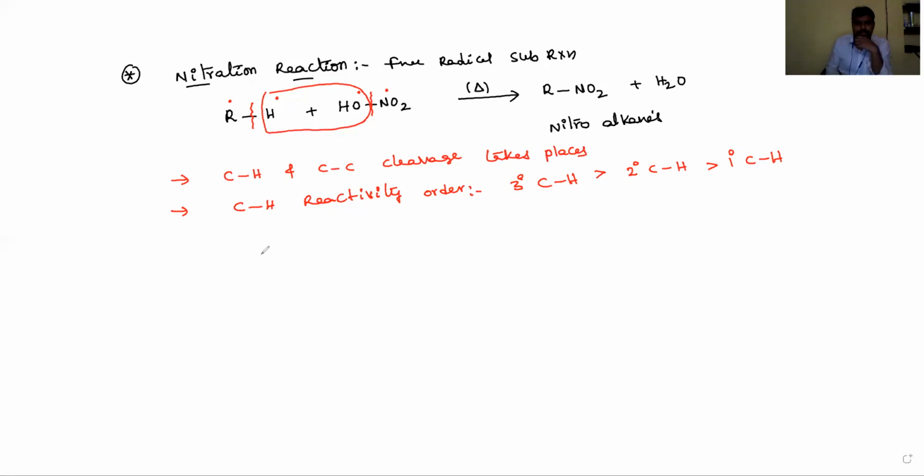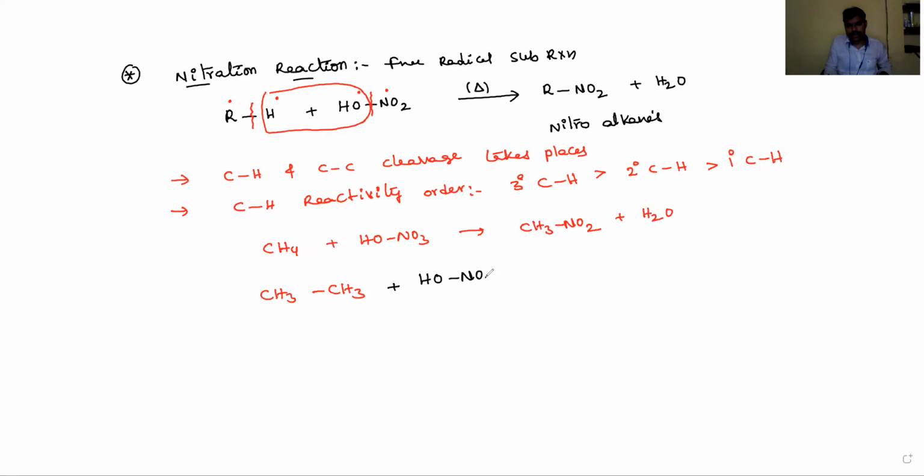For example, CH4, methane, on reaction with vapor phase HNO3, nitric acid, produces nitromethane, CH3NO2, plus water. For example, take ethane, dear students. In ethane, carbon hydrogen bonds are present, and carbon carbon bonds are also present.